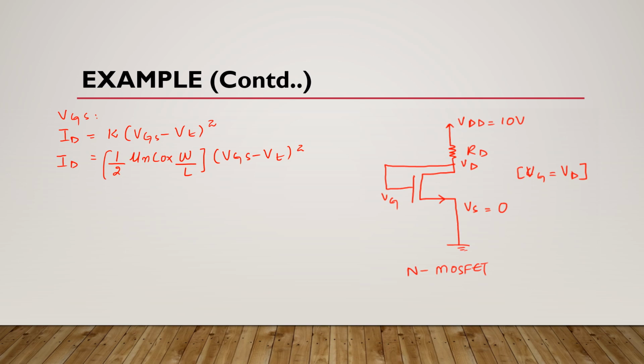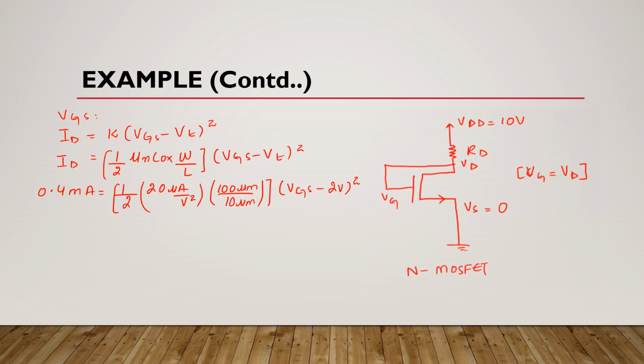Now if we put values in this equation, ID is 0.4 milliamperes, and here we have half of 20 microamperes per volt square, width is 100 micrometer and length is 10 micrometer. Here we have VGS, and the threshold voltage is 2 volts and it is whole square.